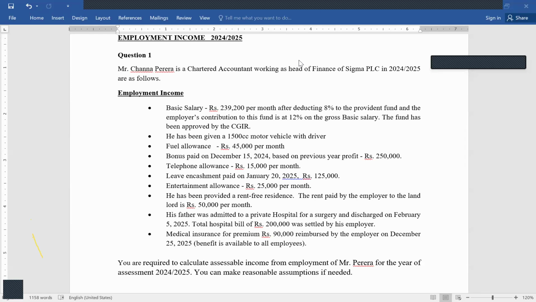That means if the amount mentioned in the table exceeds the actual figure, then we can use the lower amount. But here, the calculated amount in the table is lower, but the actual amount is higher.